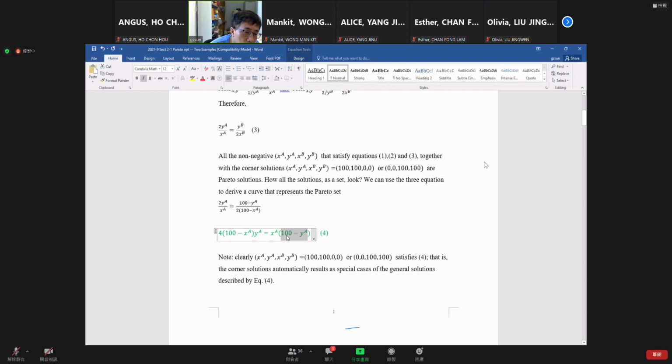So therefore, if XA, let me write it down to help everybody understand, if XA equals 100, this number will be 0, and this is 100, so therefore this number must be 0.